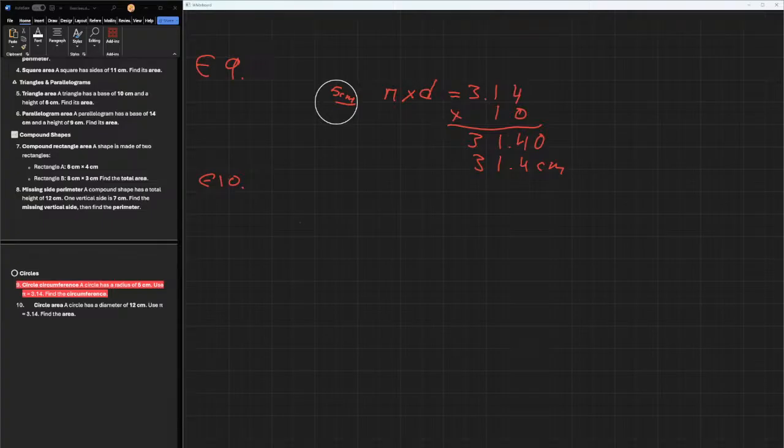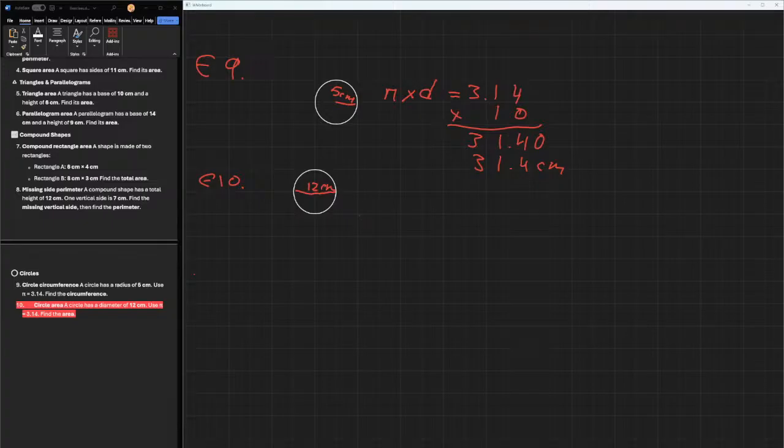Question 10. So here we have a diameter of 12 centimeter.